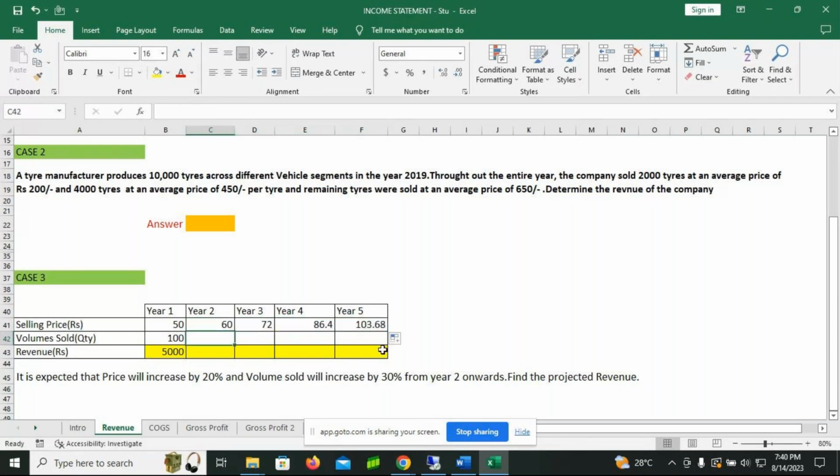Next, volume is 100, and the quantity is increased by 30%, so I'll give it as 1 plus 30%.